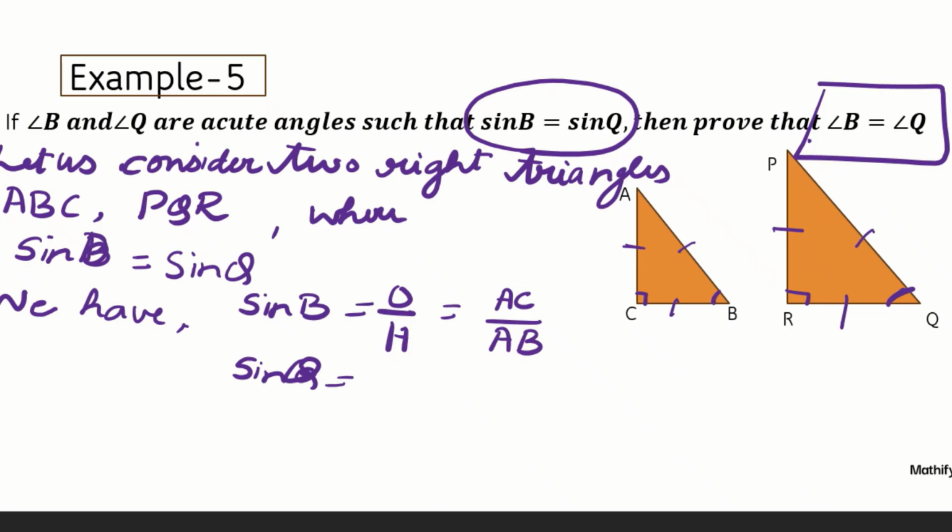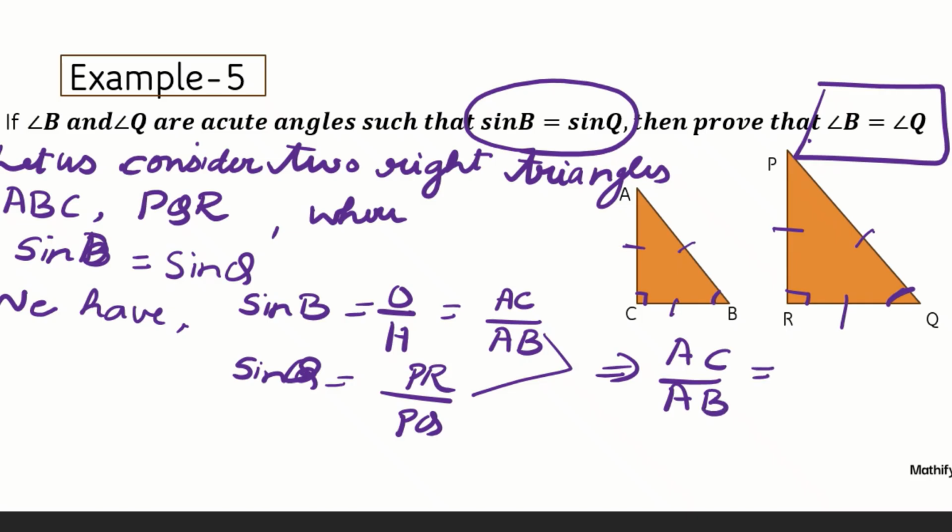So opposite is PR, so it will become PR over PQ. Okay. Now since sin B is equals to sin Q, so these two will be equal. That means it will give you that AC upon AB will be equals to PR over PQ. Okay.